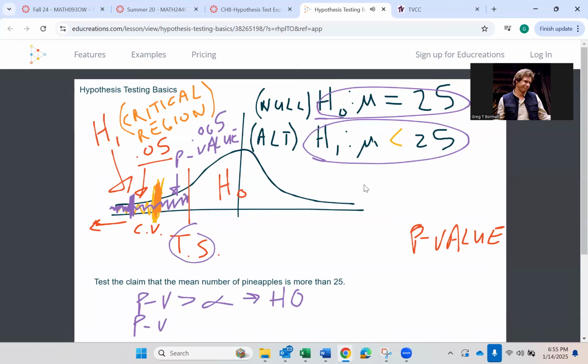The p-value would be smaller than the 0.05, than the amount of area in the critical region, suggesting that the test statistic is now in the critical region, the H1 region, in which case we go with H1 as our solution. Just don't worry, it's not as hard as it sounds, but it does take some getting used to. If you work at it hard, you will get it, and you'll get it pretty fast.